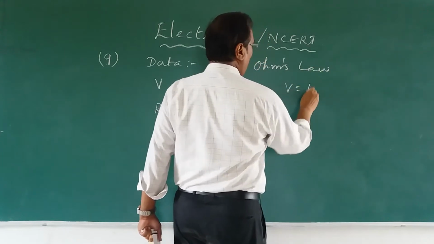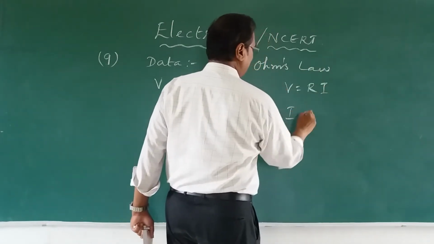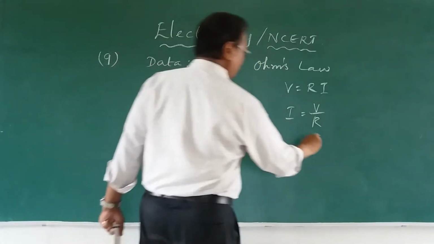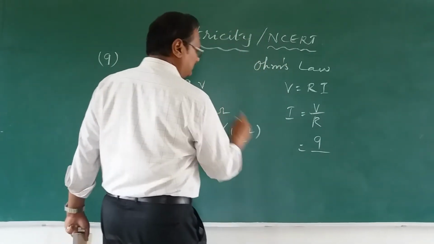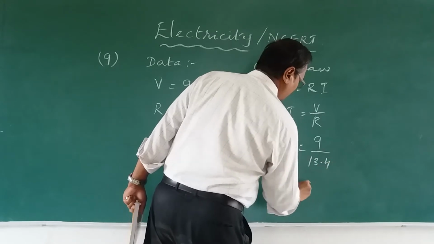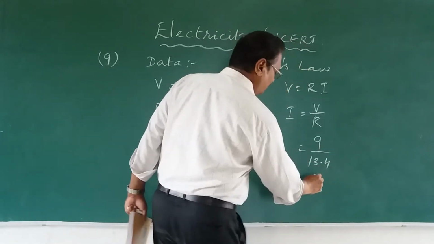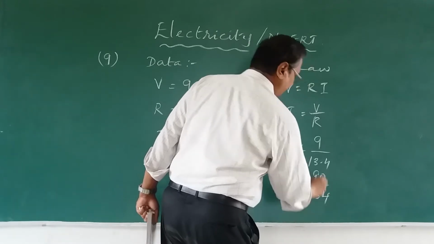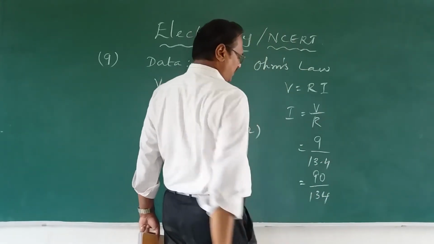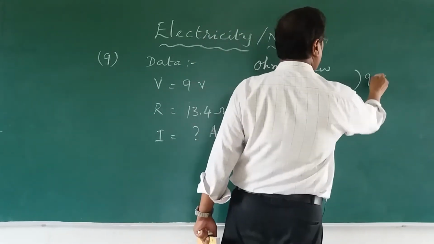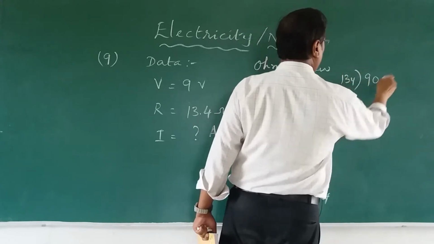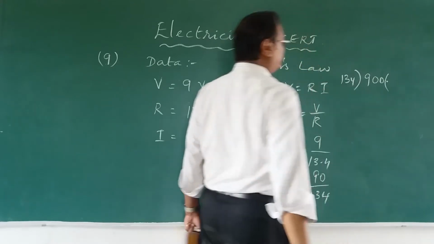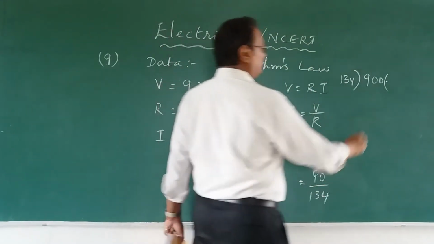V is equal to R into I. I is equal to V by R, that is equal to, V is how much? 9 divided by 13.4, which is equal to, what we can do is 90 divided by 134. I can take this 0 out and up. So let me solve it. 134. It will not go, so put a point. So it will become 900. Fine. So I think we can try 6 times.